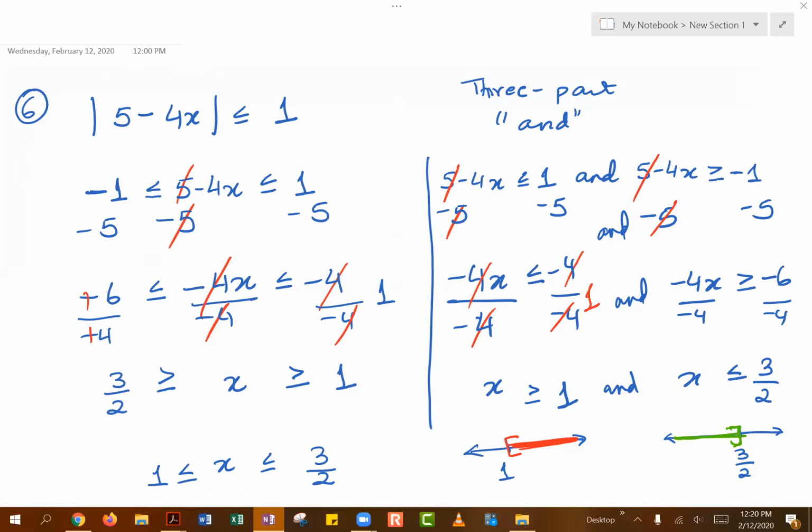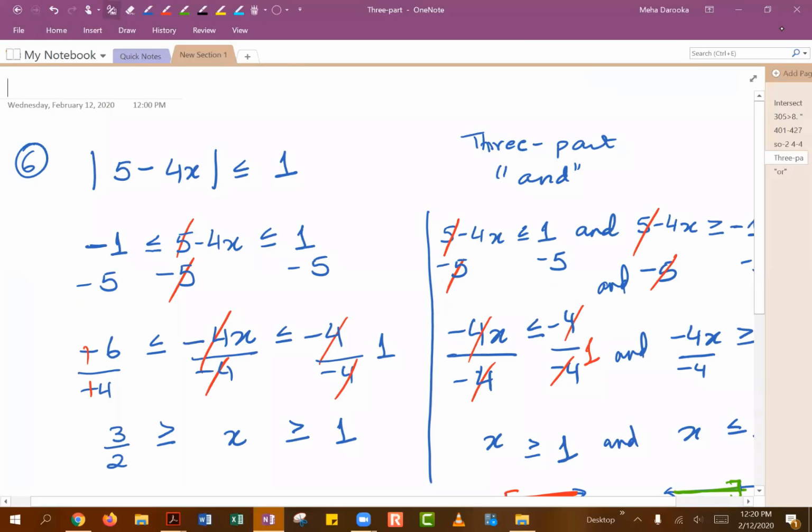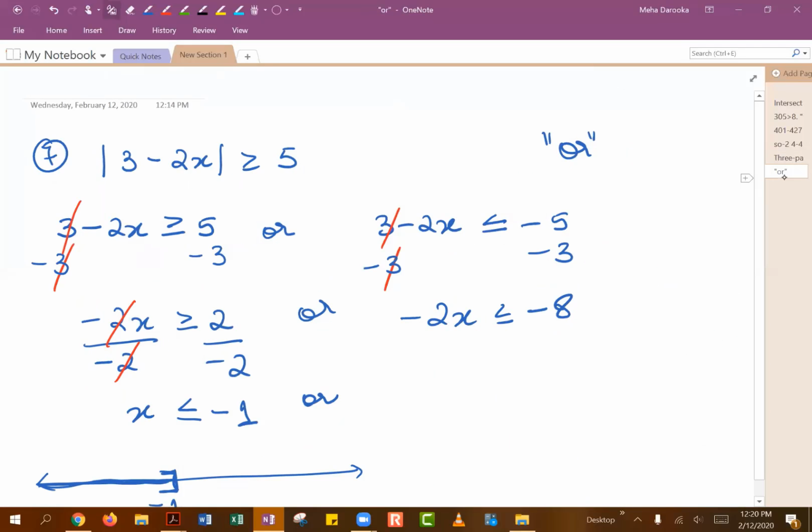The only difference was, are you using the word "and", or are you using the word "or"? Yeah, I just didn't flip it. Okay, and you still got the right answer? Yeah, if I did x less than 3/2 instead of x greater than 3/2. Ah, okay, so you were in the other direction then. Yeah, I've got to be very, very careful with that.